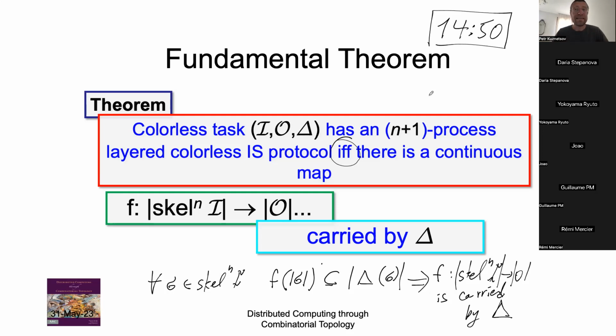A simplicial map can be trivially extended to a continuous one, defined on the geometric realization of the protocol complex, which is the same as the geometric realization of the input complex. Remember, subdivision preserves the geometric realization. How do we extend a simplicial map to a continuous map? Using barycentric coordinates. We can take any point in the geometric realization of a simplex and represent it using barycentric coordinates.